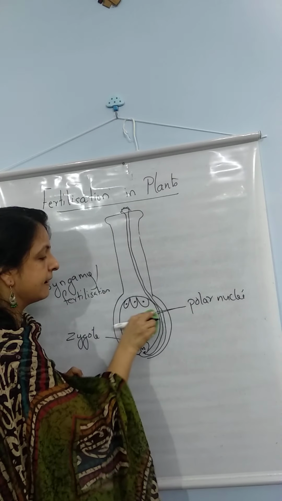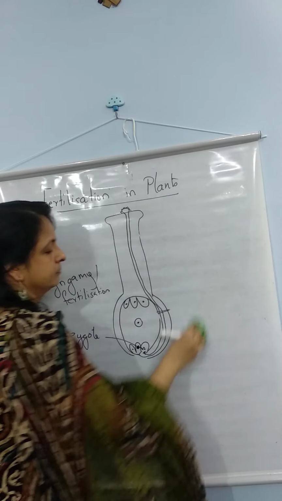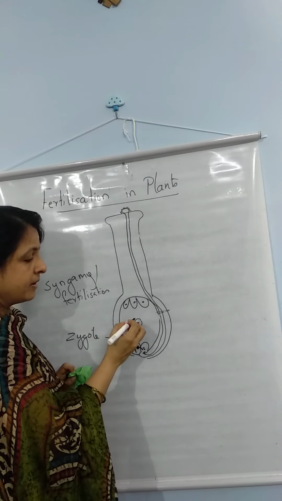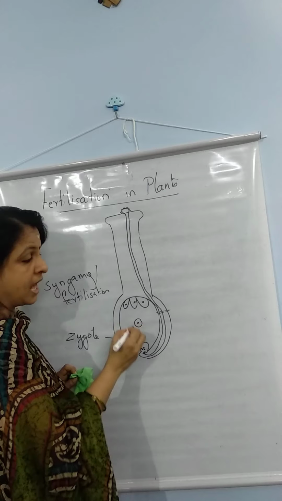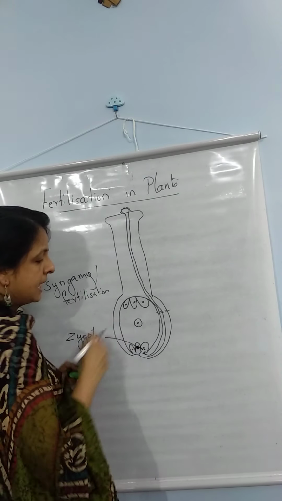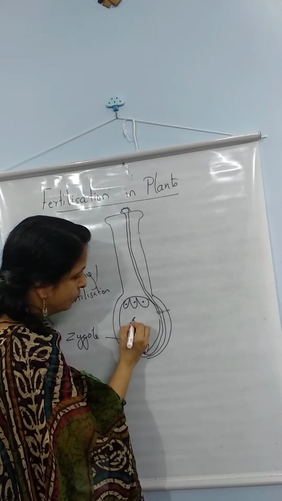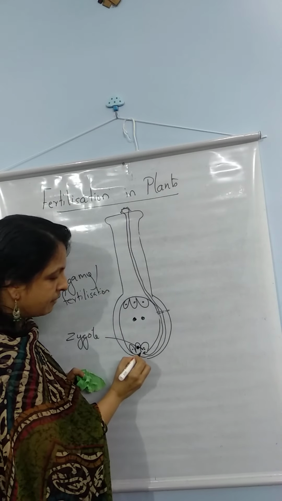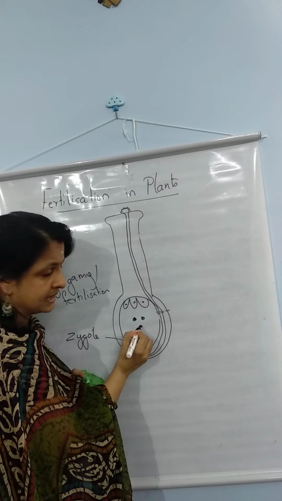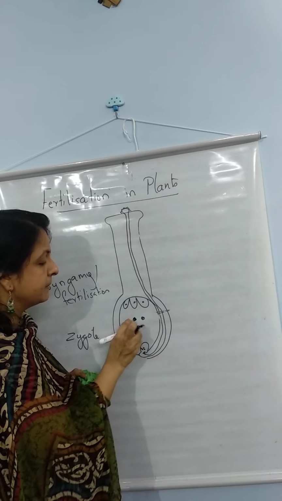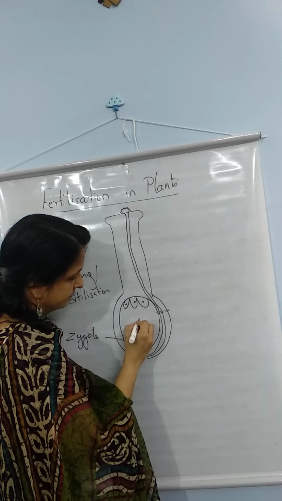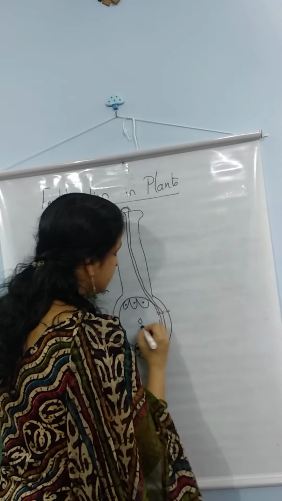So already there were 2 nuclei, formed by the joining of 2 haploid nuclei, which means each had only half the number of chromosomes. When the second male gamete reaches here, the 2 polar nuclei come together. We call it the secondary nucleus.